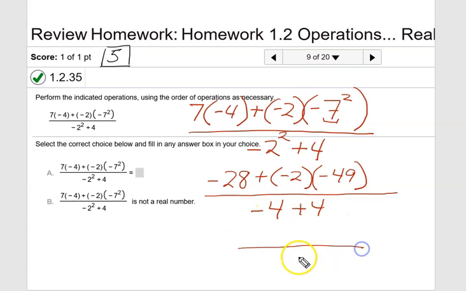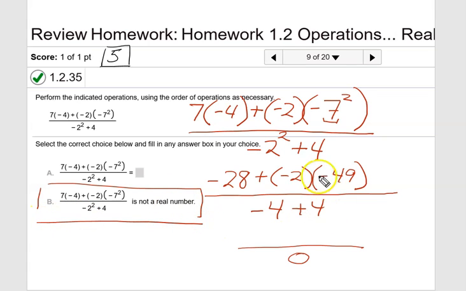Our denominator is going to end up as a 0. Well, anything divided by 0 is undefined. So we would select B. This is not a real number. This is undefined. Anything divided by 0 is undefined.